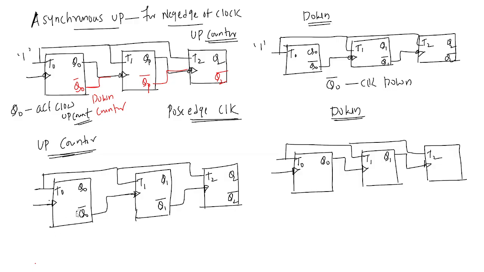For the positive edge of clock, if Q0 bar is acting as the clock, then this is the up counter, and if Q0 is acting as the clock, then this is the down counter. Is it fine? Did you understand?